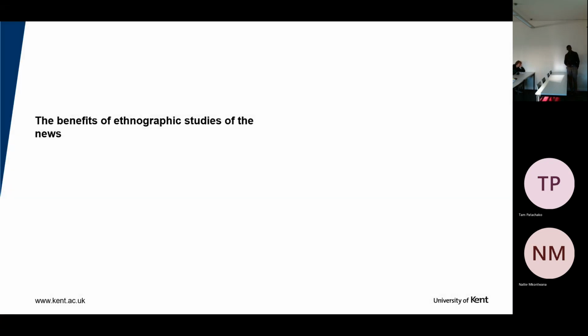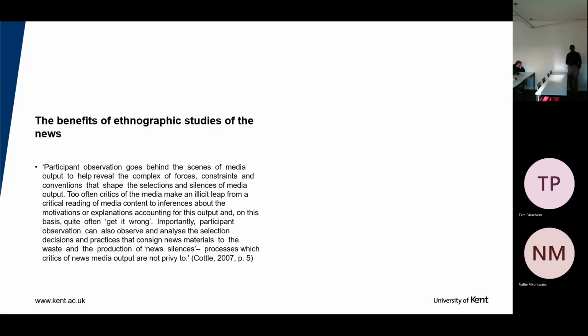So the benefit of ethnography studies is that it helps us understand some things. Reading Cottle, he said, participant observation goes behind the scene of the media output to help reveal the complex of forces, constraints, and conventions that shape the selections and the silences of the media.